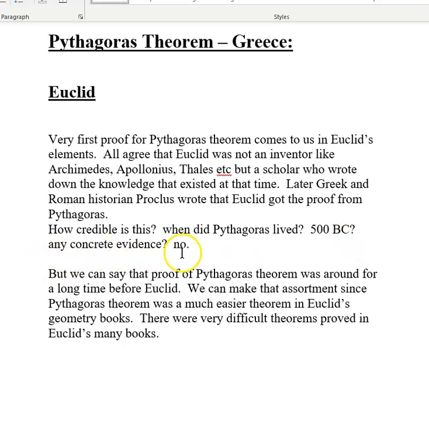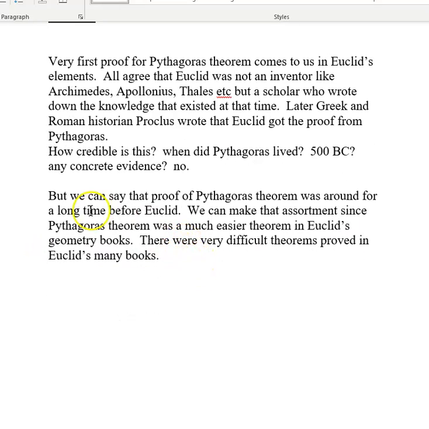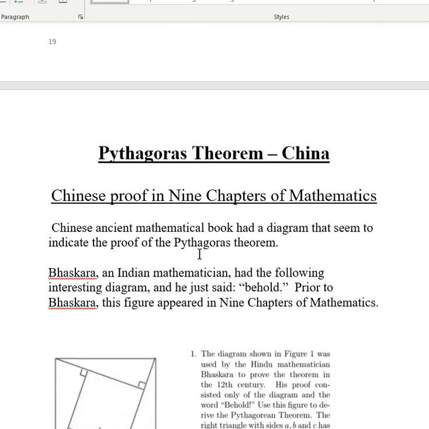Any concrete evidence? No. But we can say that proof of Pythagoras theorem was around for a long time before Euclid. We can make that assessment since Pythagoras theorem was a much easier theorem in Euclid's geometry books. There were very difficult theorems proved in Euclid's many books.